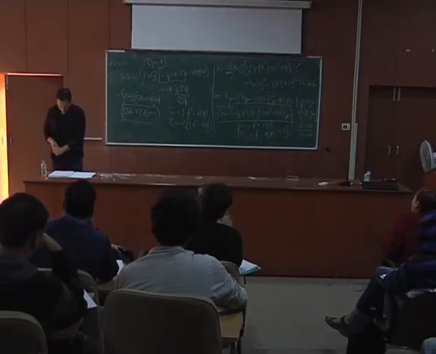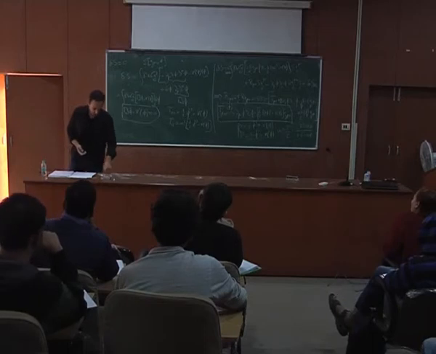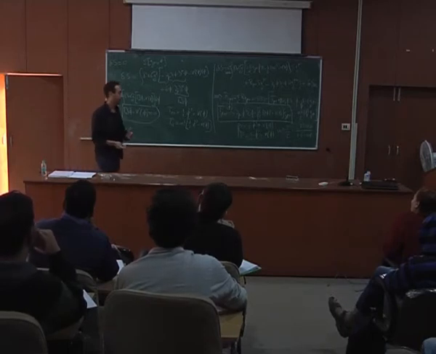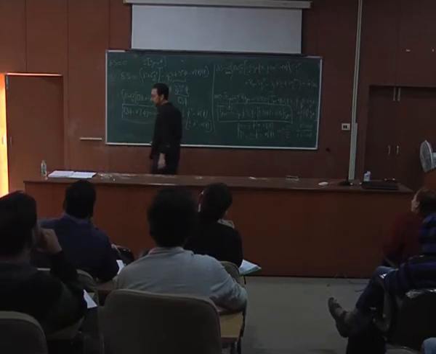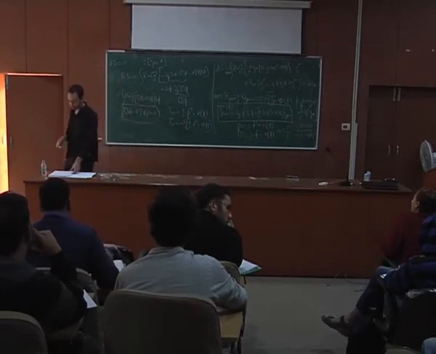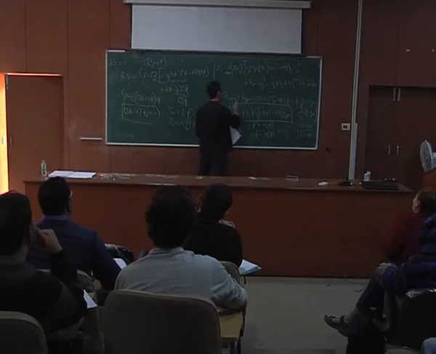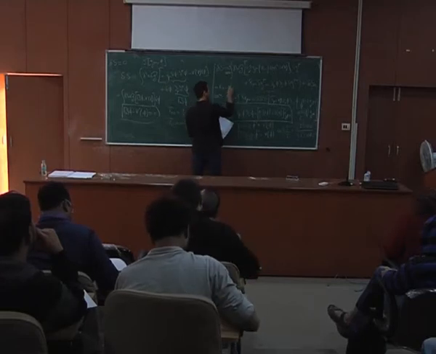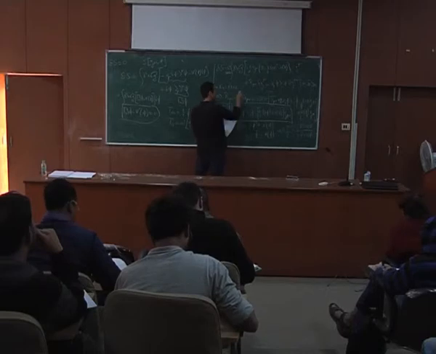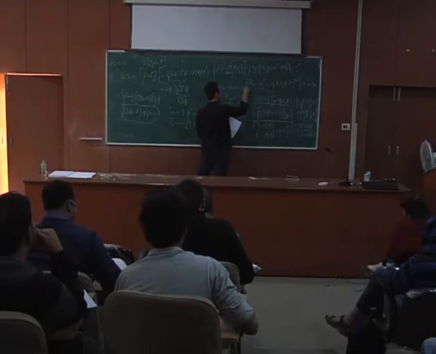Let me give just one reference for people interested in that. If you want a list of all the models that people have studied, there is a nice paper on arXiv, 1106.2476.